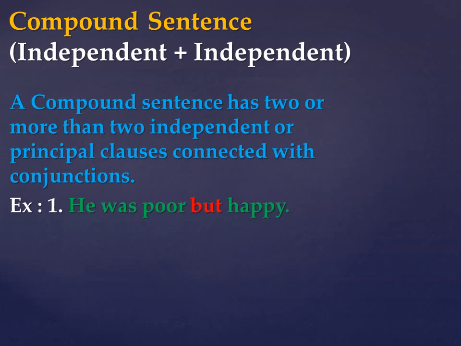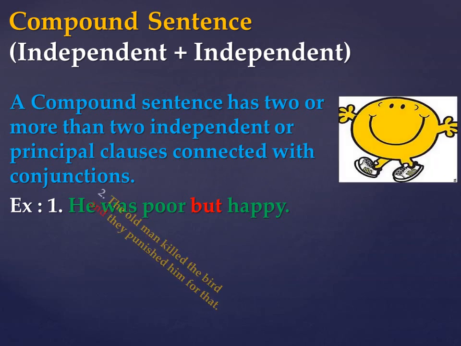That's why it is not necessary to mention the subject and verb again, but after the conjunction but, the subject and verb are hidden here. So the actual clause is he was happy. Okay, I think you understand.